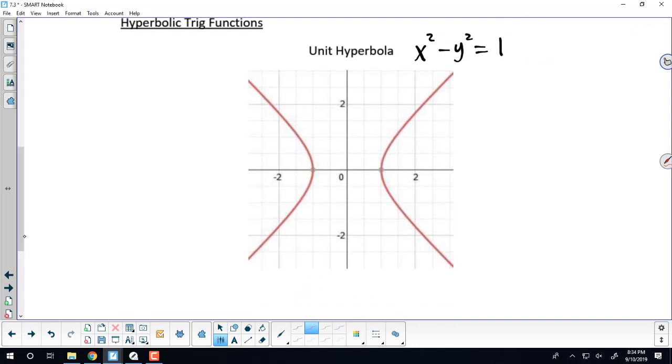So we do get a similar identity here, but to make this parallel, we have to look at some point on the unit hyperbola. Just say that's that. Instead of how we did it before, this point x, y on this hyperbola is described by cosh of t, sinh of t.